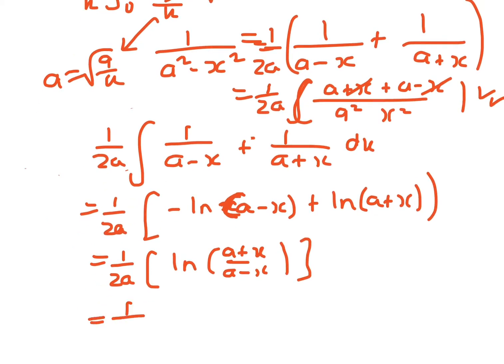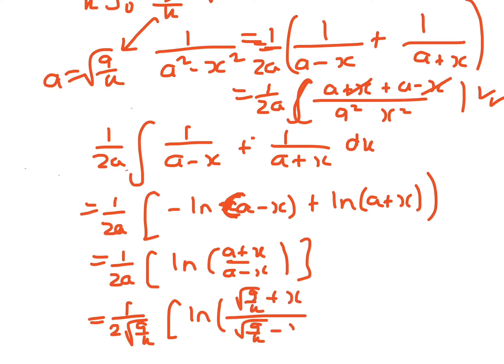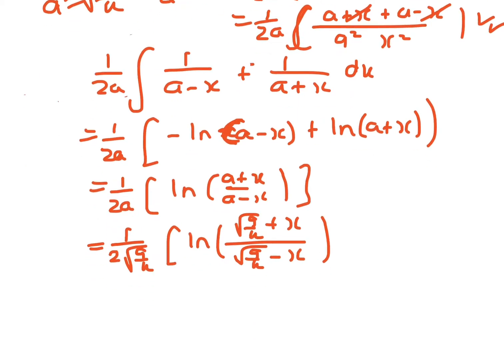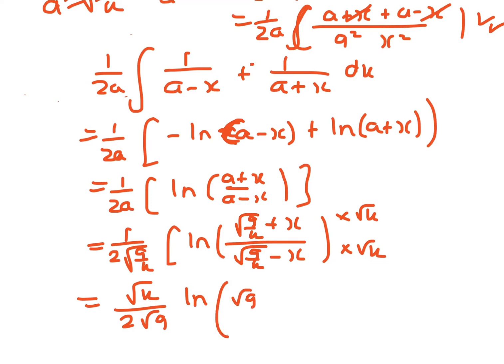Then I can put in the a, which is root g on k, ln of root g on k plus x over root g on k minus x. Alright, so that's going to end up being root k on 2 root g, ln, and if I multiply this by root k on the top and the bottom, that ends up being root g plus root k x on root g minus root k x.